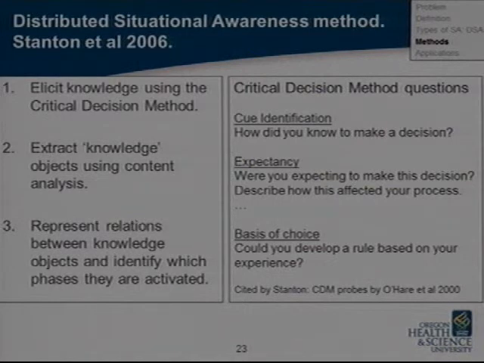Mainly, they used critical decision methods and content analysis to develop this large, complex network of a global information space that might be activated by different users performing different tasks. This might give us a sense of how awareness might be shared or distributed between the different agents.